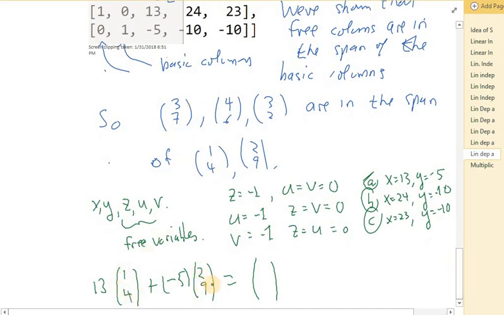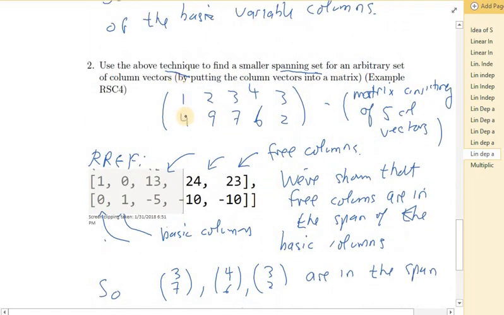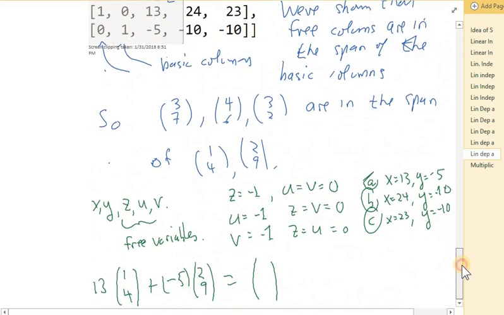Again, I'm reading off the original matrix here, the original matrix before row reduction. Third column is 3, 7. And you can verify that, in fact, this is true. 13 times this column plus minus 5 times this column is 3, 7. So that means the third column is a linear combination of columns 1 and 2.